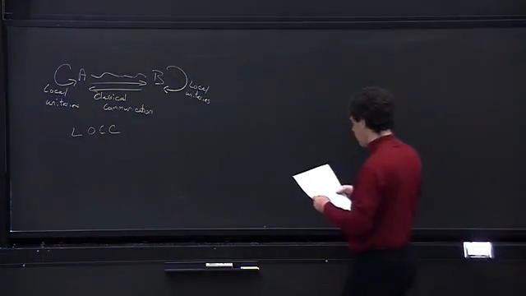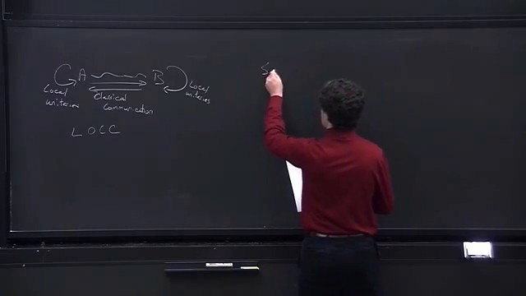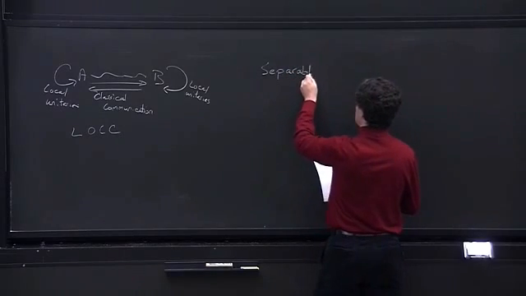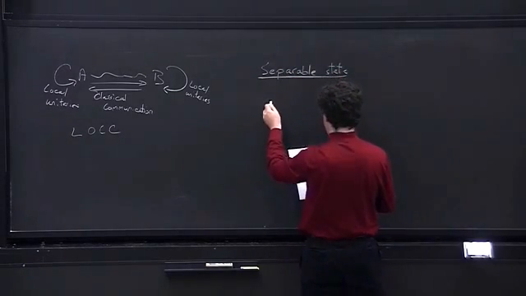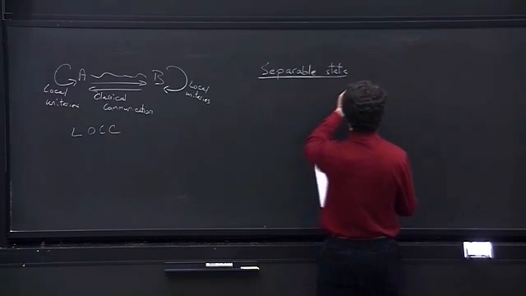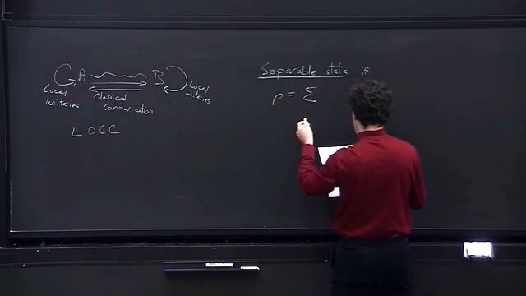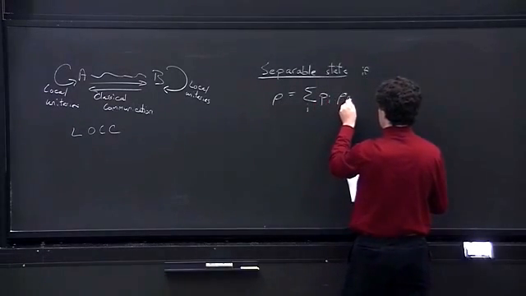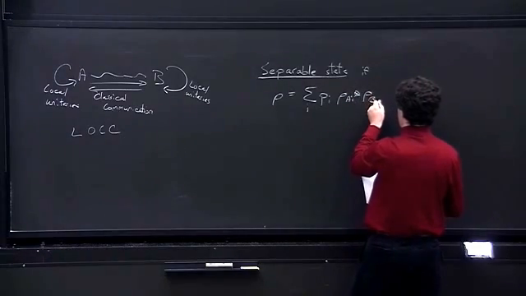And that's the separable states. So rho is separable if it can be written as a mixture of tensor product states, rho_AI tensor rho_BI.